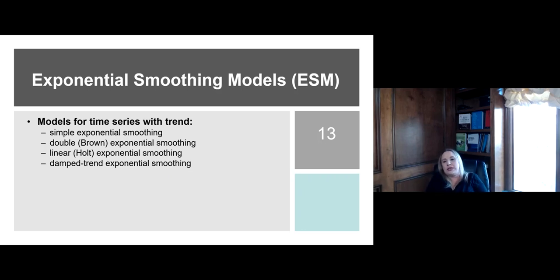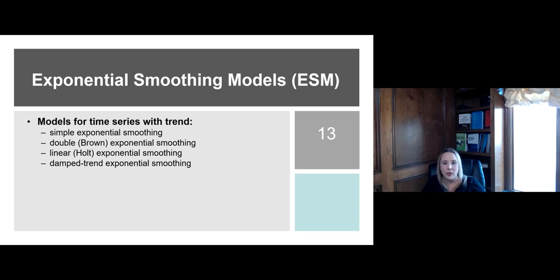So when should you use the different types of exponential smoothing models? If your time series has a trend, you could use simple exponential smoothing, double exponential smoothing, which is called Brown exponential smoothing, linear exponential smoothing, also known as Holt exponential smoothing, or dampened trend exponential smoothing.